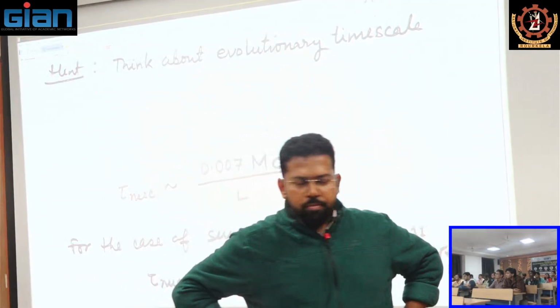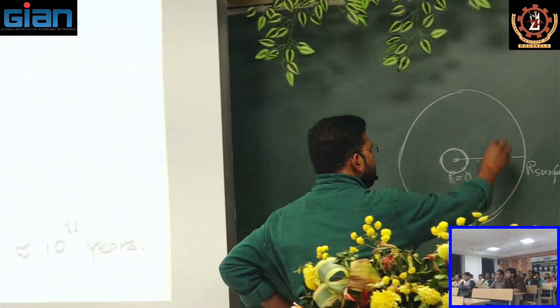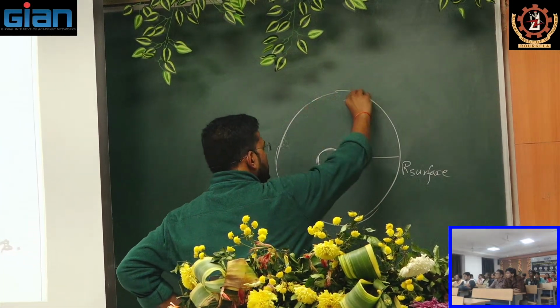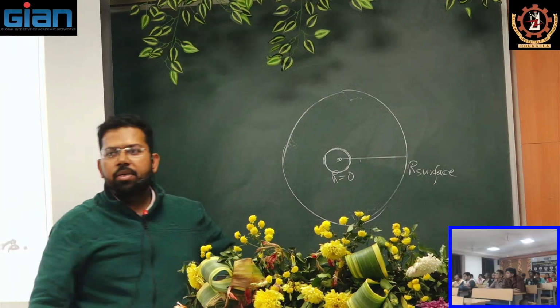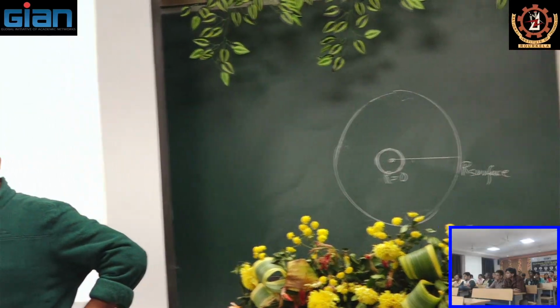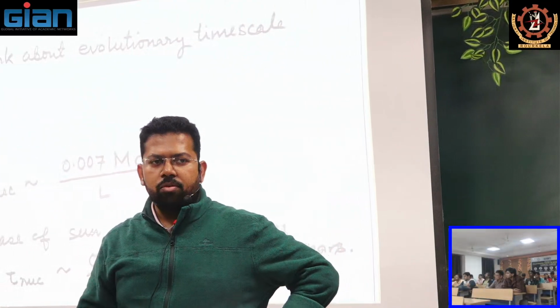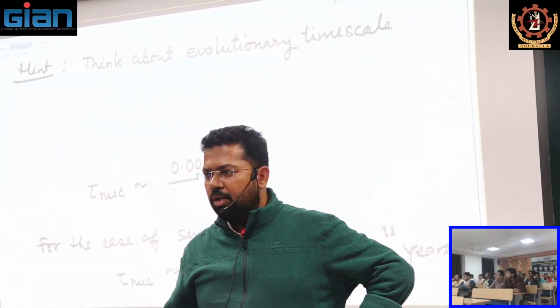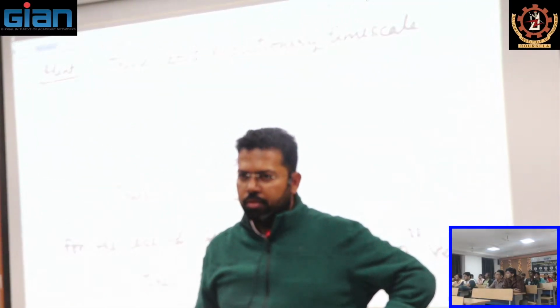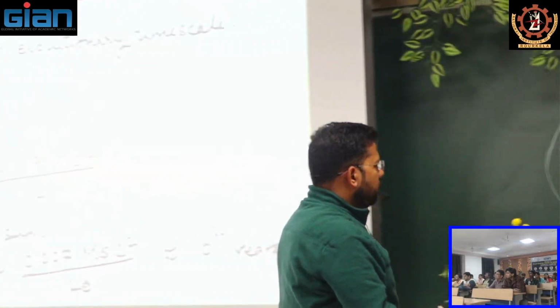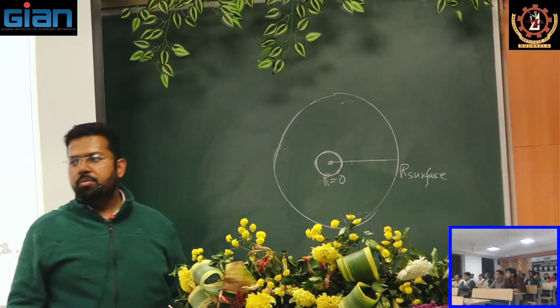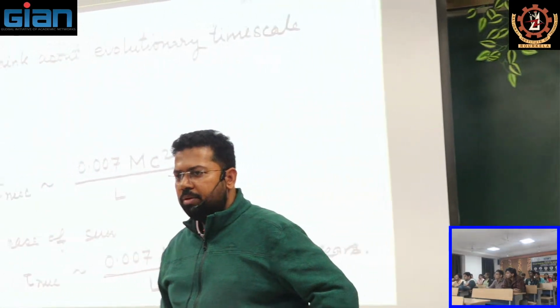Even though you have a large amount of material here in the outer part, these materials will not have the conditions you need in order to go through hydrogen burning or helium burning or carbon burning or oxygen burning. So only the material present in the vicinity of the central part of the star is typically available for hydrogen burning.